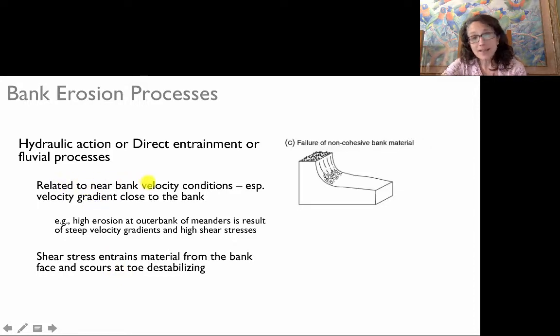So whether or not this happens is dependent upon the velocity conditions in the channel and that velocity gradient. Remember, we looked at how velocity gradient is related to shear stress, and the steeper the velocity gradient, the higher the shear stress. We tend to get higher erosion at outer banks of meanders because we have that steep velocity gradient, high shear stress. And that shear stress then entrains the material and destabilizes the bank.